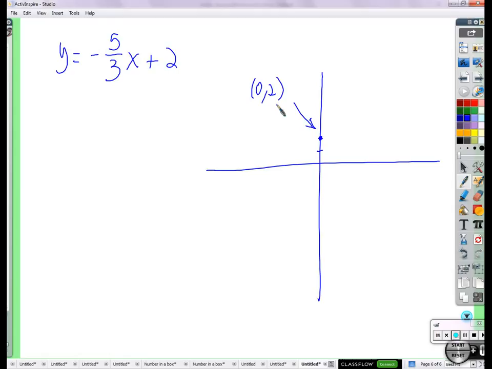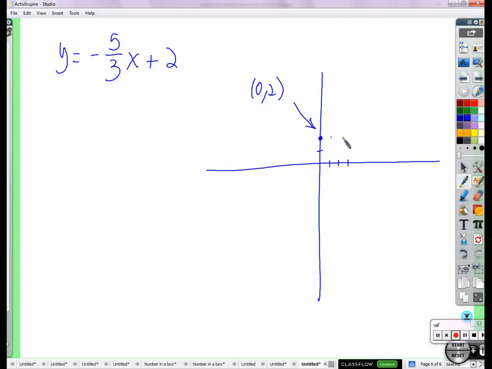Now, the next input I want to put in for x is 3. But before I even bother putting that in, I know what's going to happen. That 3 is going to cancel that 3, and I'm just going to have negative 5 plus 2, which was the y value of the previous point.